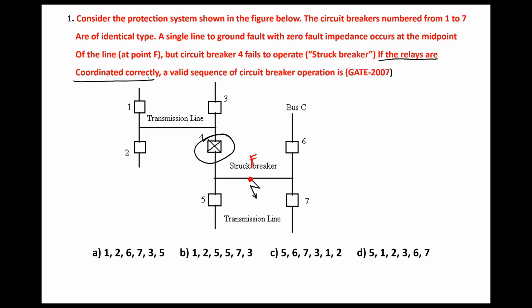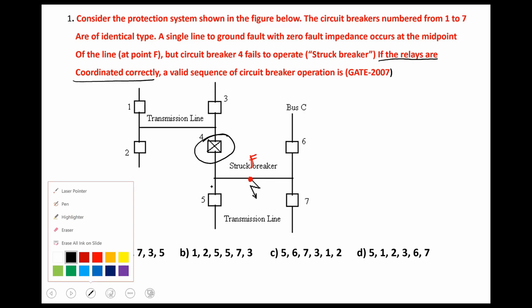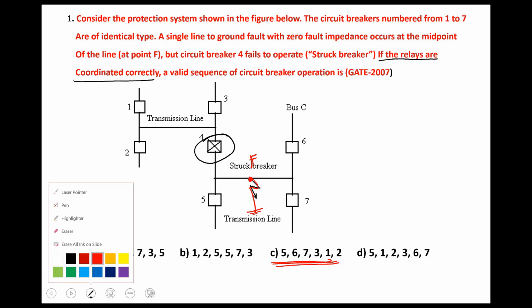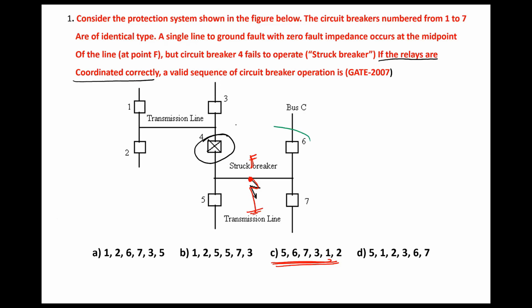Anyone? See, gentlemen, very simple question. If the fault is here, yeah, C is the right option. See, for this fault, primarily these 4 are in this zone. To clear this fault, all these 4 breakers should trip.